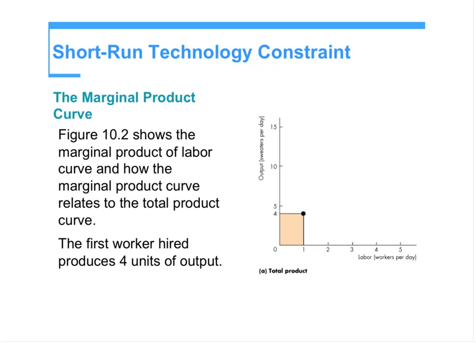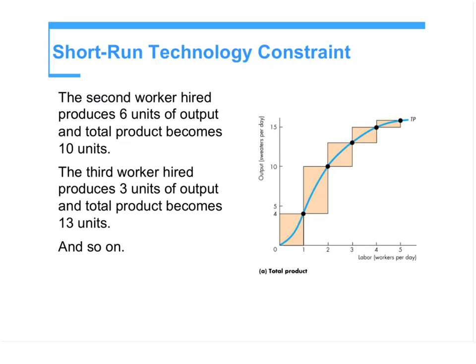The marginal product curve, though. It shows the marginal product of labor and how the marginal product curve relates to the total product curve. So the first worker is hired and they produce 4 units. Then the second worker is hired and they produce 6 units of output, and total production is 10.